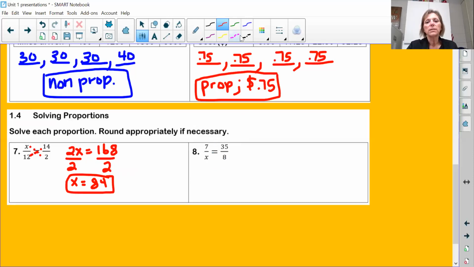Okay, last one for this little review. Again, cross products. Let me get blue. 7 times 8 is 56, but again, I like my numbers on the right, so I'm going to say 56 over here. And then 35 times x.